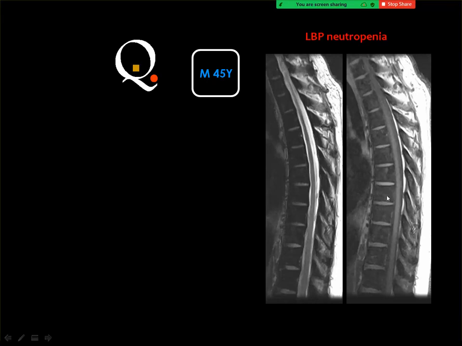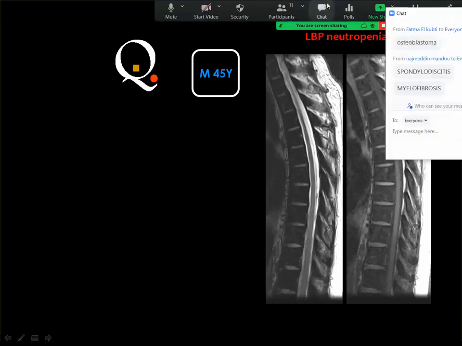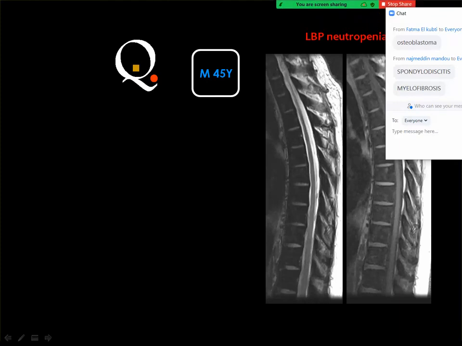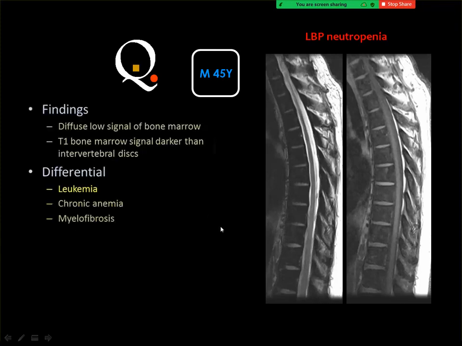If the vertebrae in the T1 weighted images are darker than the signal of the intervertebral disc, consider a bone marrow pathology. And you have to go to the T2 weighted images to see if this pathology will increase in signal or persist, as you can see here.